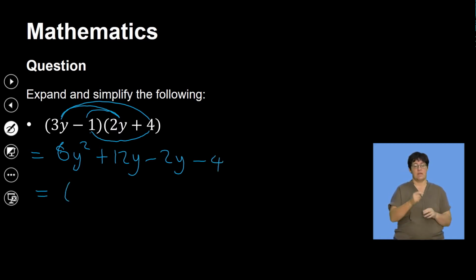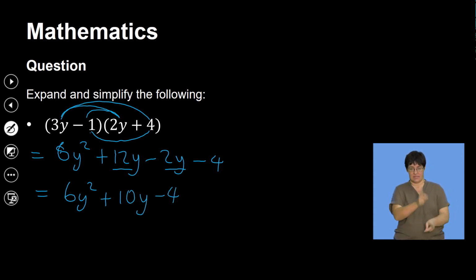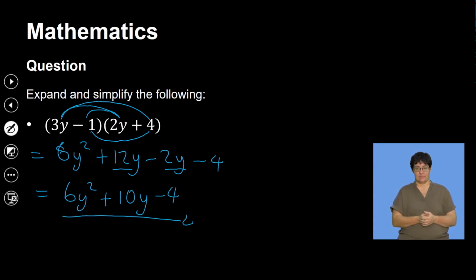And this will end up being 6y squared, because the two middle terms are like terms, it will then be plus 10y minus 4. And that becomes my final answer. And then you just leave it there.